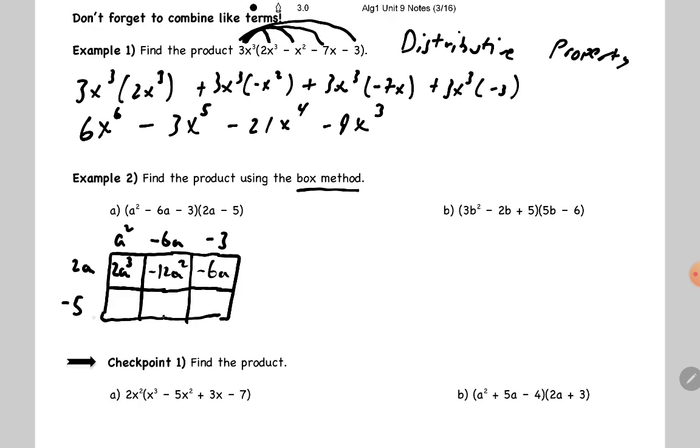Okay, so the next row, I have negative 5 times a squared, which is negative 5a squared. Then we have negative 5 times negative 6, which is a positive 30a. And then we have negative 5 times negative 3, which is positive 15.